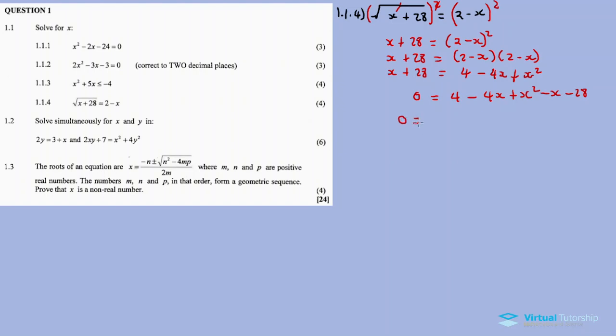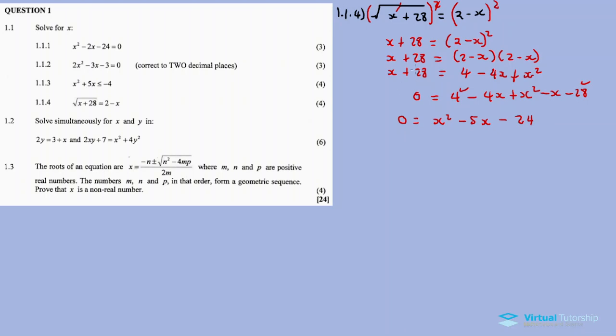And then 0 is equal to x squared, and then the x terms, minus 4x minus x, it's minus 5x, and then this 4 and 28, it's negative 26. Oh no, it's minus 24, since 28 minus 4 is 24, so it's minus 24.